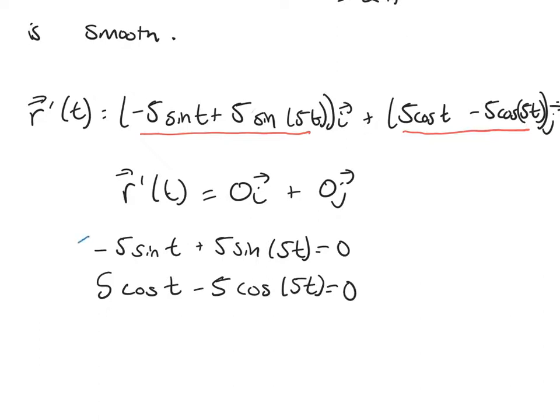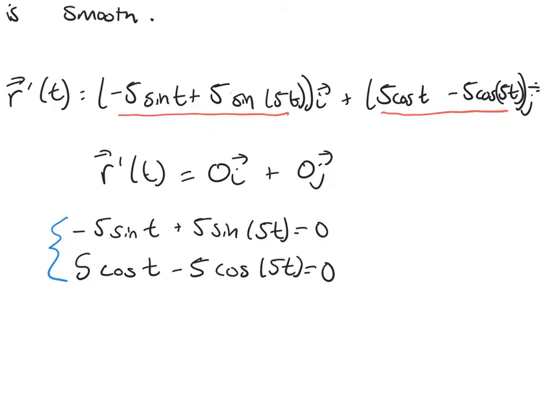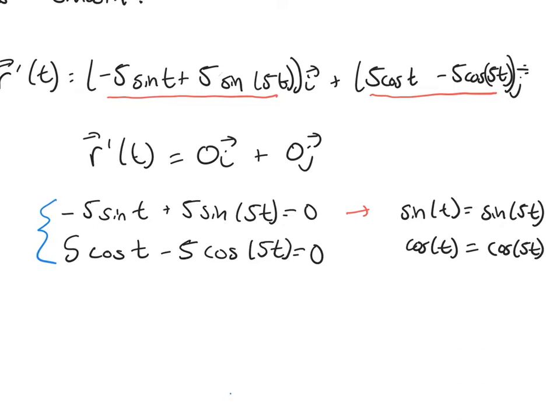So I have a system of equations here. If I solve these, you'll get sine of t equals sine of 5t, and you get cosine of t equals cosine of 5t. And remember that t is restricted between 0 and 2 pi.